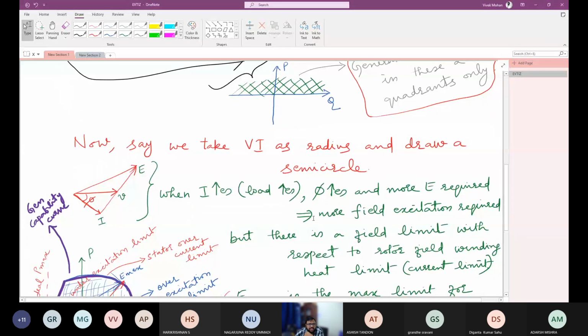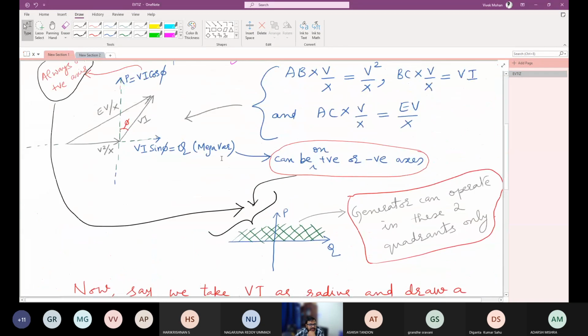Say we take VI as the radius and draw a semicircle. What is VI here? This is VI, right? If we draw a semicircle like this, this is what we are trying to do because VI is the complex power. Complex power can be decomposed into active and reactive power. So when this vector moves along, with the tip touching a locus, then the active power is changed and the reactive power is changed accordingly.